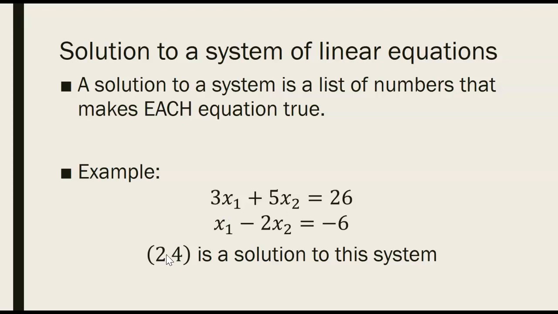So 2 goes for x1, 4 goes for x2. And if I had 14 variables, the order that list of numbers would be in is x1 comes first, x2 comes second, x3 comes third, and so on and so forth. So the list of numbers is in the order of the variables, okay, the variable subscripts.